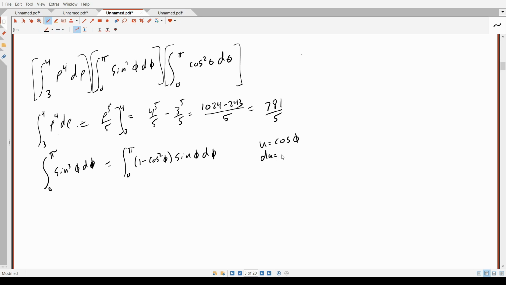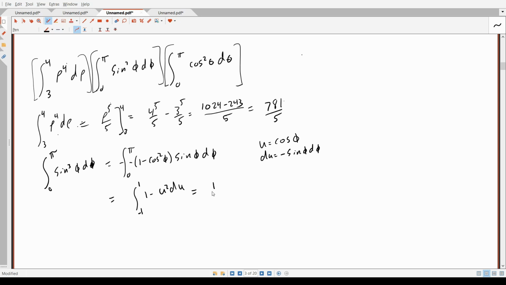So du is negative sine phi d phi. So then this becomes the integral of 1 minus u squared, actually negative and negative. So then this becomes minus, cosine of 0 is 1, cosine of pi is negative 1, du. I can flip the bounds if I get rid of the negative. So this becomes from negative 1 to 1.